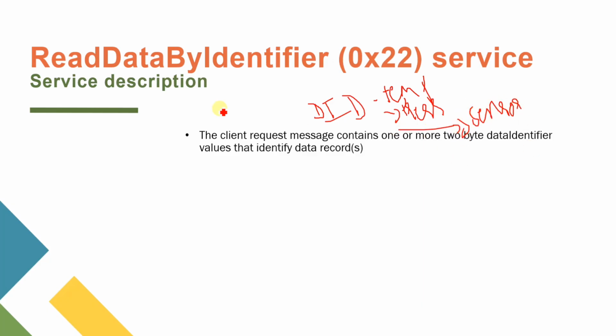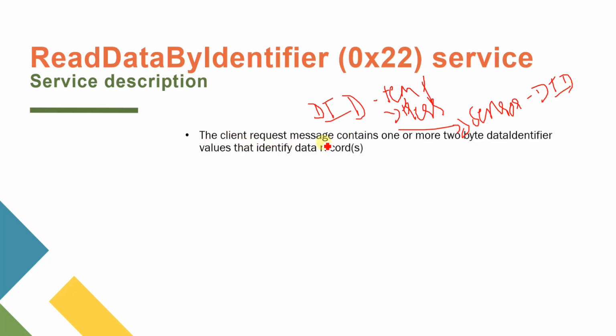Whatever the information, like sensor values, odometer values, temperature, pressure, brake alignment, transmission type, transmission numbers, a separate DID number is configured for each. Using that DID number, we can send the request to the server and get the information.